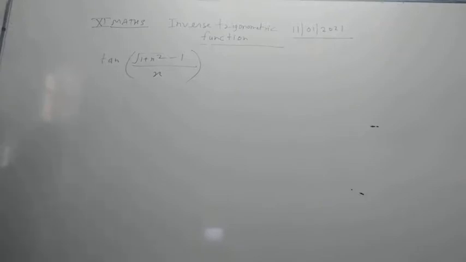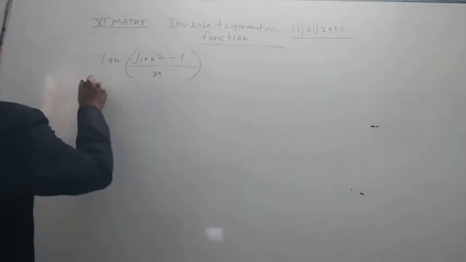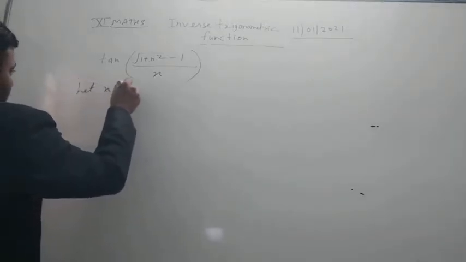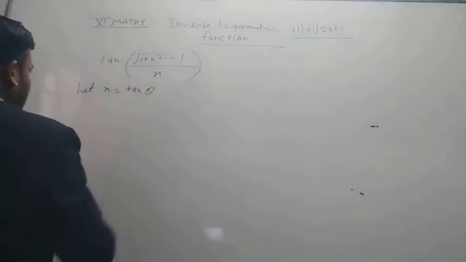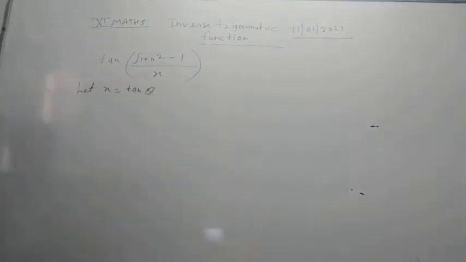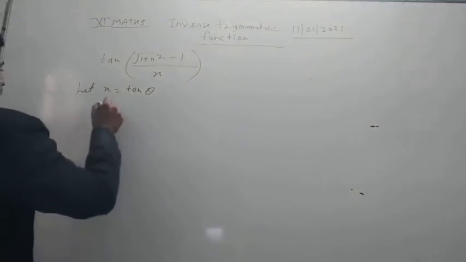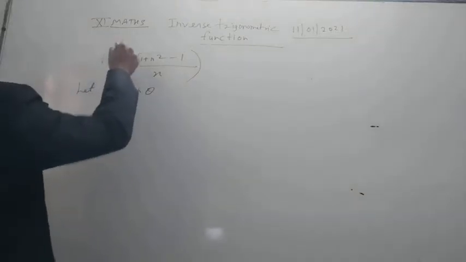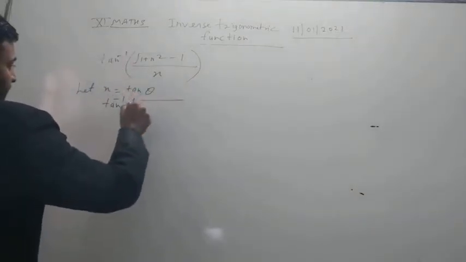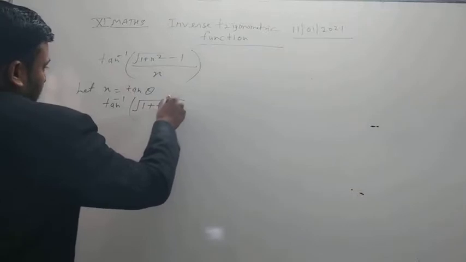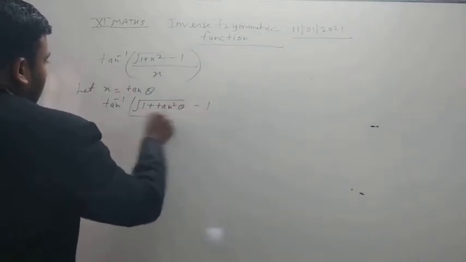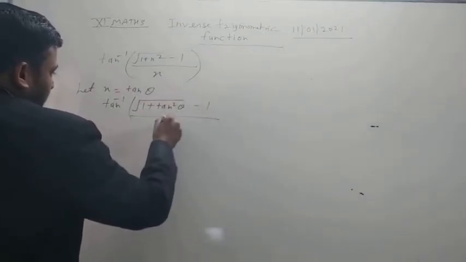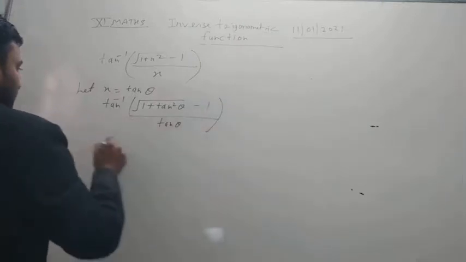So first of all we take, let x is equal to tan theta. Okay student, now this is tan inverse, and we can write under root 1 plus tan square theta minus 1 by tan theta.